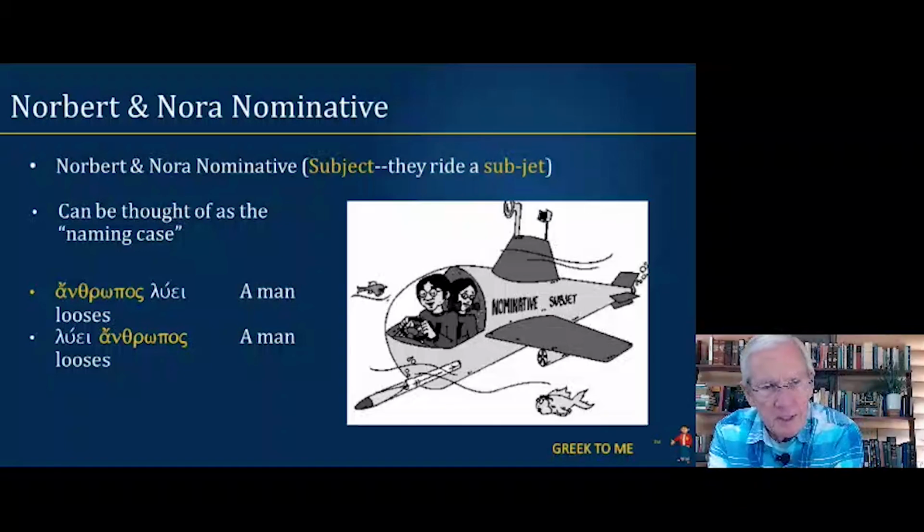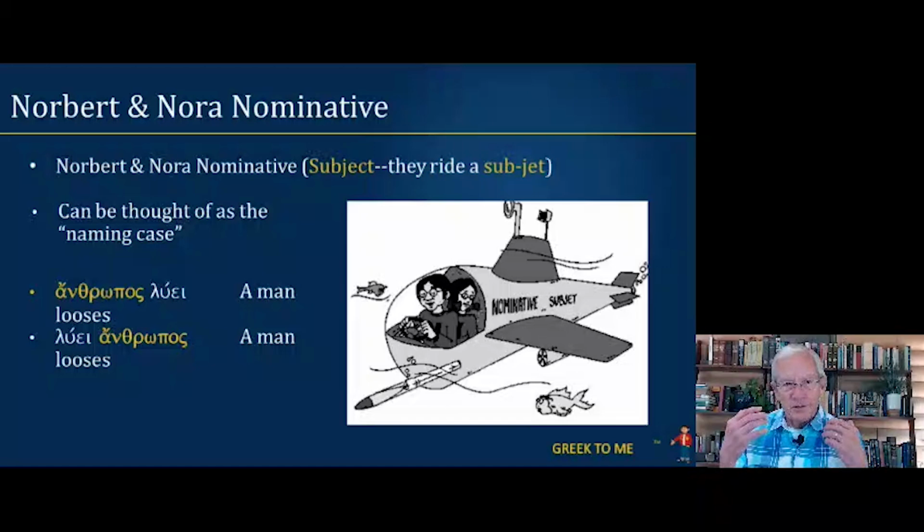So here we have an example in Greek below, really 2 of them. Anthropos luei, a man looses. Now, anthropos, that's the original vocabulary form. This is identified as a masculine noun. It's singular, and it's in the nominative case. That serves as the subject of the verb. So, a man looses.